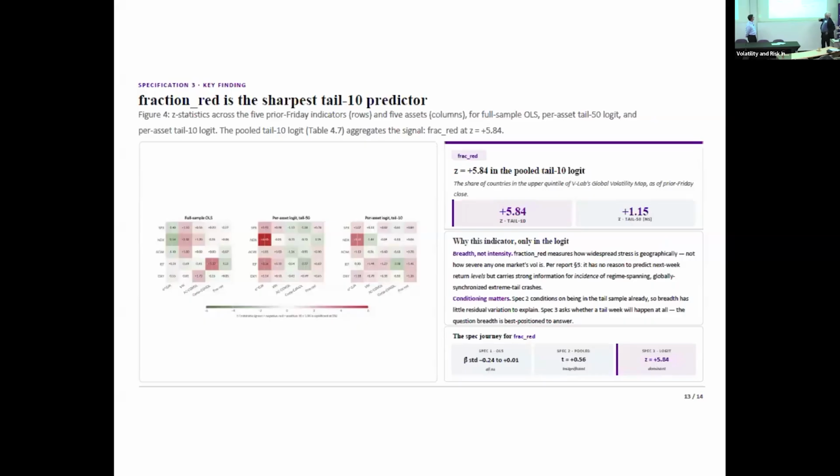Another way of looking at it is to look at each of these. Very difficult. I'm sure you can't read the stuff because I can't read it from here. But the first box is all for the full sample OS. The second one is looking at the worst weeks, and the third box is looking at the probit models.